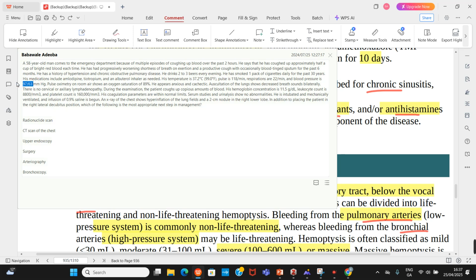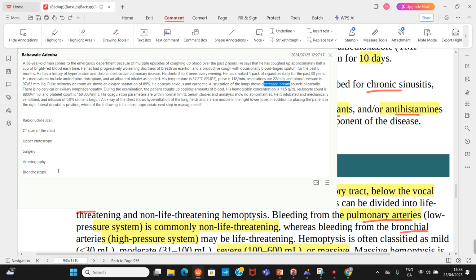That's the reason why you cannot do a CT scan urgently now. He's actively bleeding, having hemodynamic instability. Look at the oxygen saturation, 89. He's having decreased breath sounds. That guy is going. So quickly, because of the hemodynamic instability, just go and do bronchoscopy and arrest that bleeding before you start looking at something else.